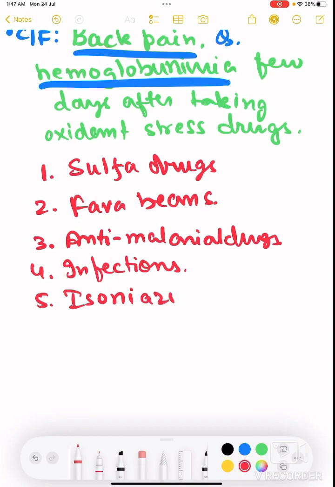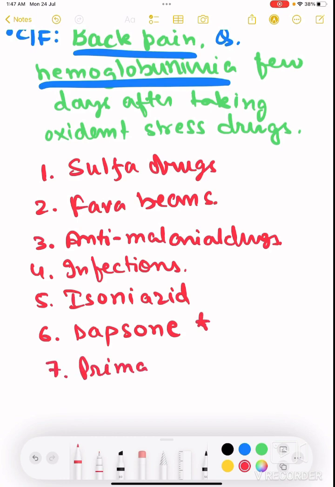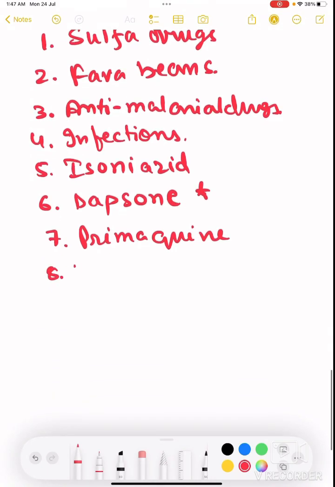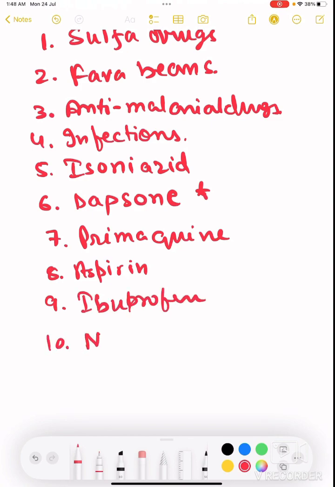Isoniazid. Sixth, dapsone, very important. Seventh, primaquine. Eighth, aspirin. Ninth, ibuprofen. And tenth, nitrofurantoin. It is a drug which is used in UTI also.